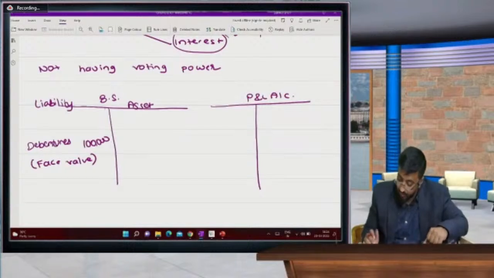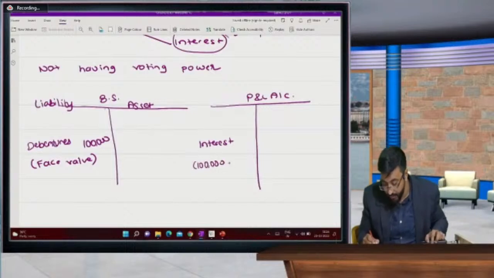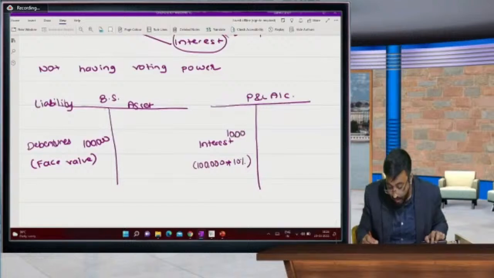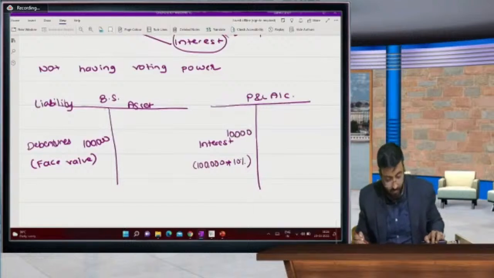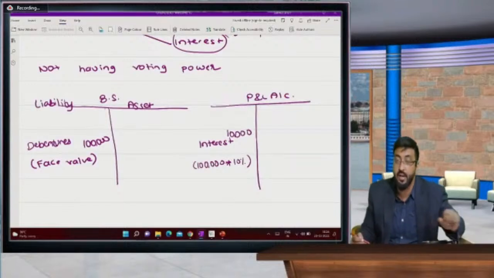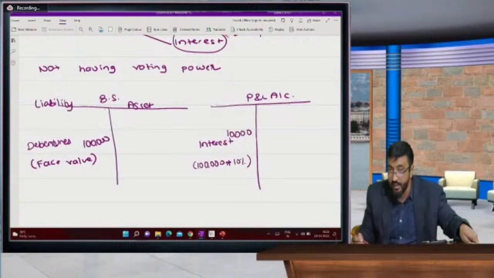And beta, interest: 1 lakh into 10%, so 10,000 is interest. So interest is 10,000 and debentures 1 lakh rupees.